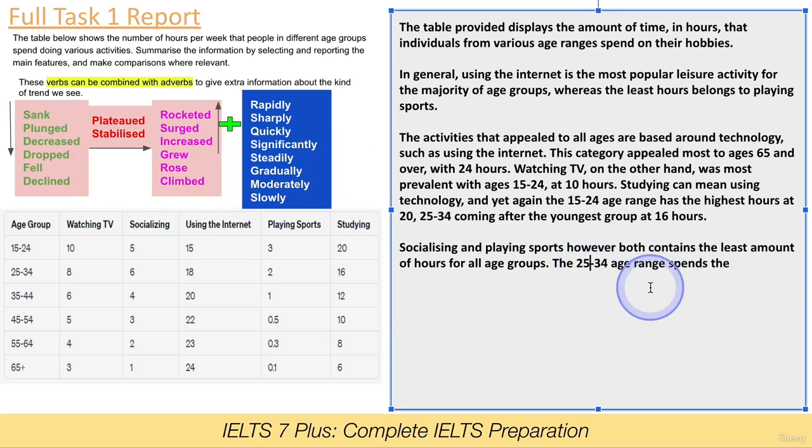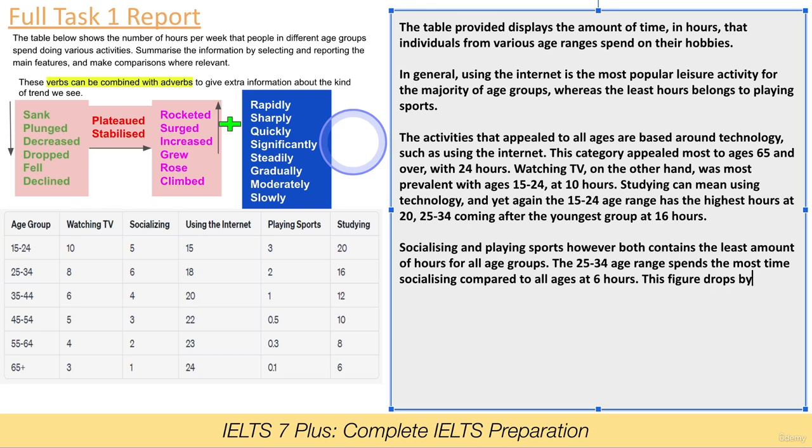We can talk about that socializing had the highest out of playing sports for 25 to 34s. The 25 to 34 age range spends the most time socializing compared to all ages, at 6 hours. This figure drops by 1% for each age group after 35 to 44.